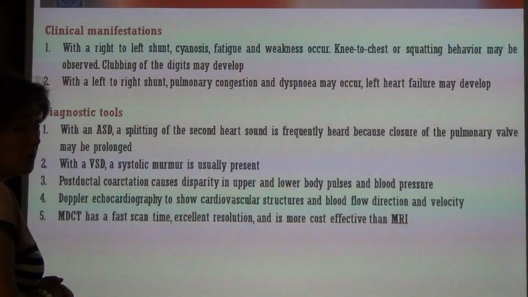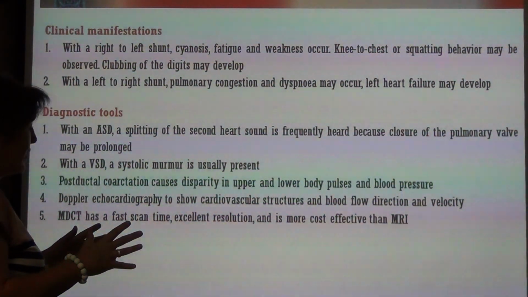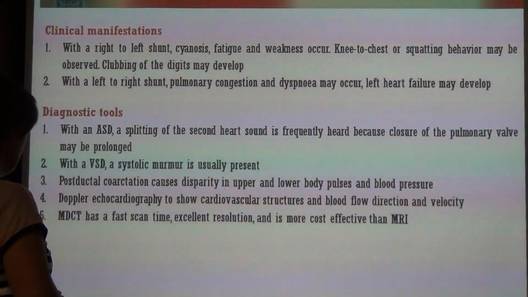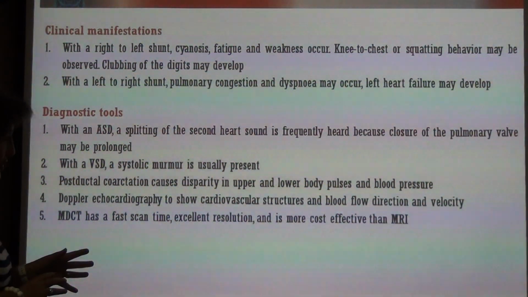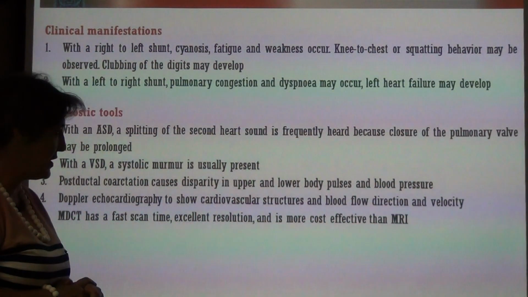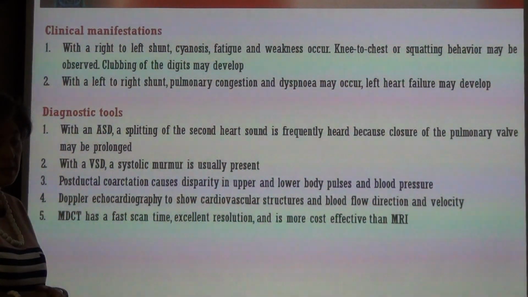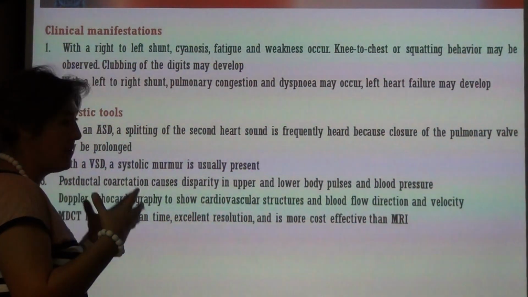With Doppler echo or echocardiography, we can show all the cardiovascular structures and the blood flow direction and velocity. And then an MDCT has a very fast scan time, excellent resolution, and is more cost effective than an MRI. Now, an MDCT scan stands for a very fast type of CT scan.